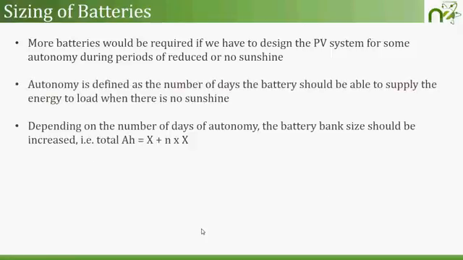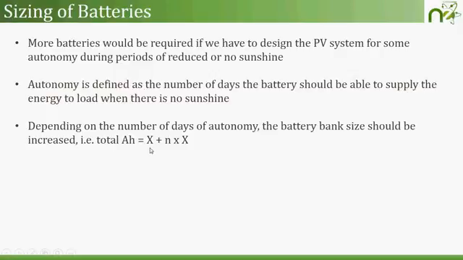Another concept that we have already discussed is autonomy: for how many days you want to consume the energy from the batteries. Now, how do we normally calculate the number of days of autonomy? It is impacted by the battery rating, the total AH capacity.